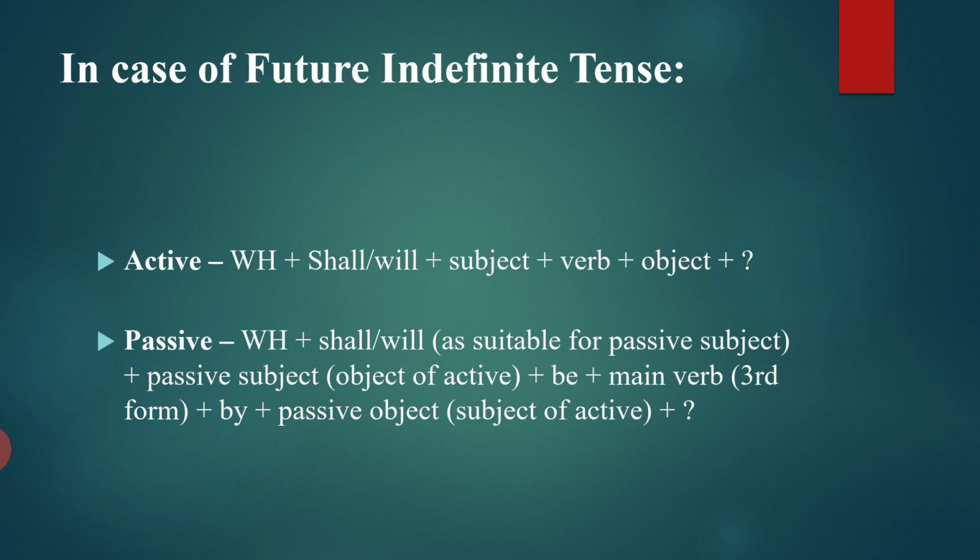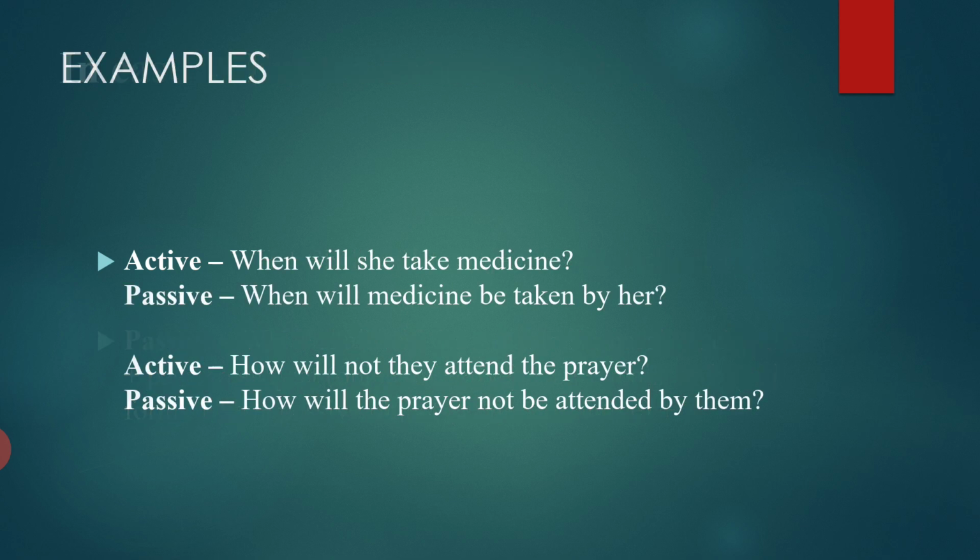So passive subject, or rather we can say that, object plus be plus main verb, third form of main verb, plus by plus passive object, means the subject of active, and interrogative mark. Let's see an example.